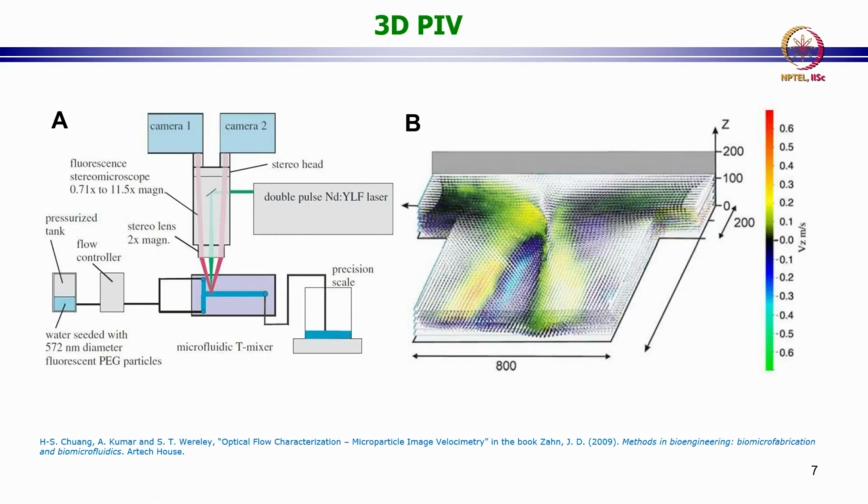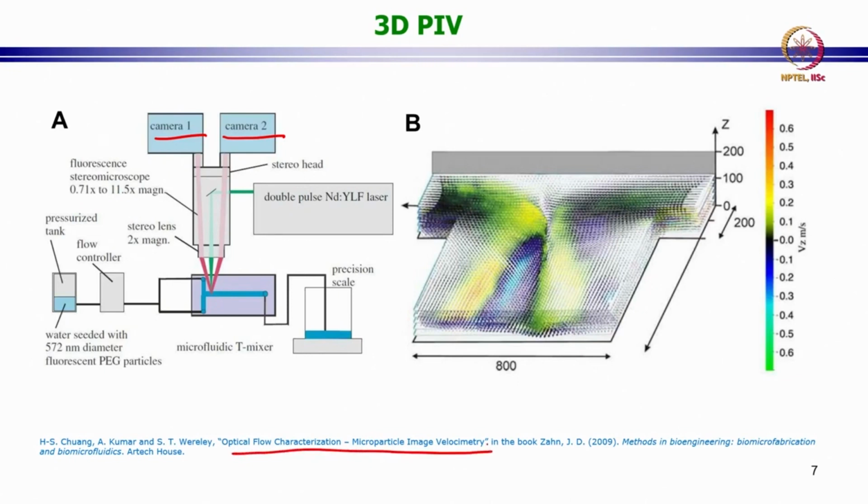That is usually done for confocal laser scanning microscopy, can be done for microscale flows, because you can have confocal microscopes which take very sharp images of a given plane. Alternatively, stereoscopic PIV, which uses two cameras at slight angles, also can be used.